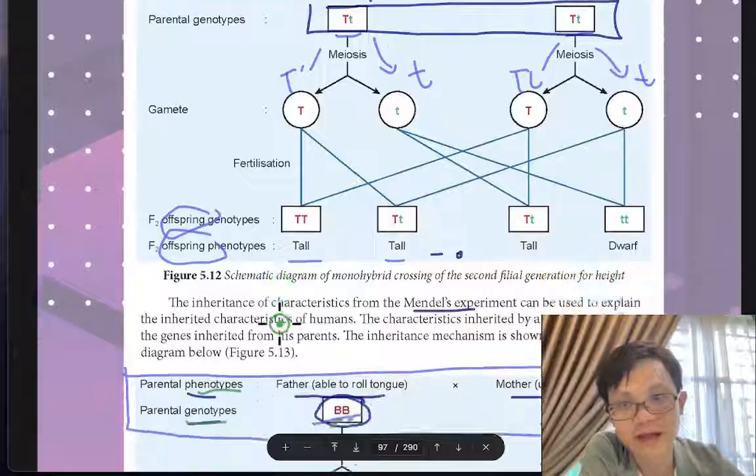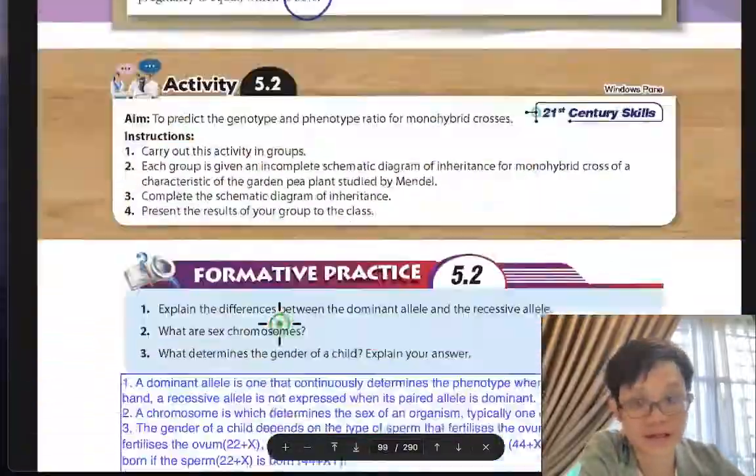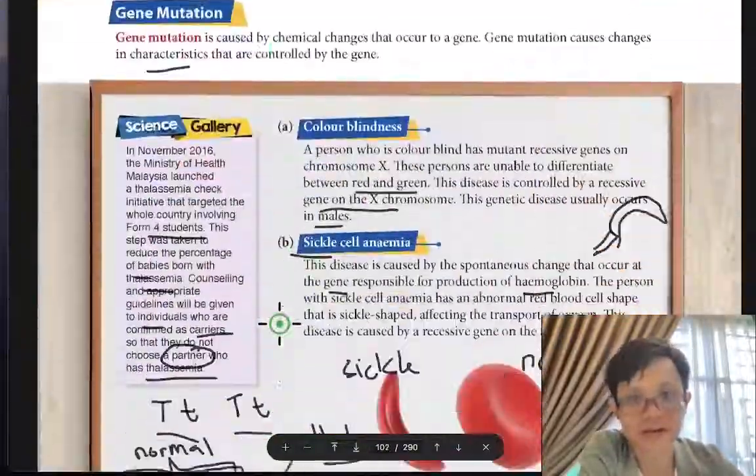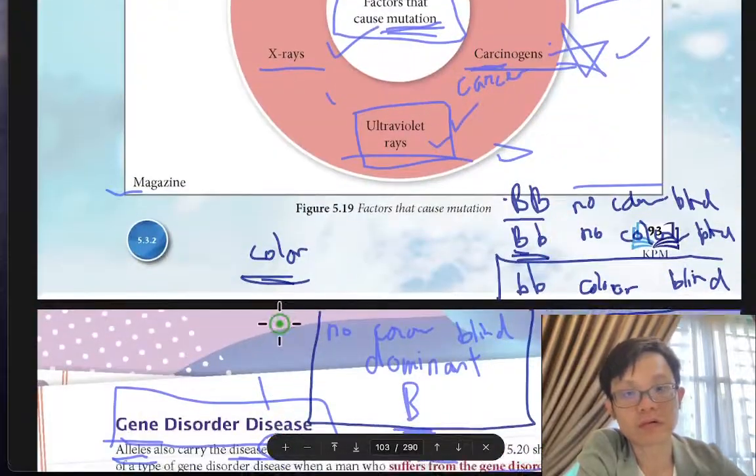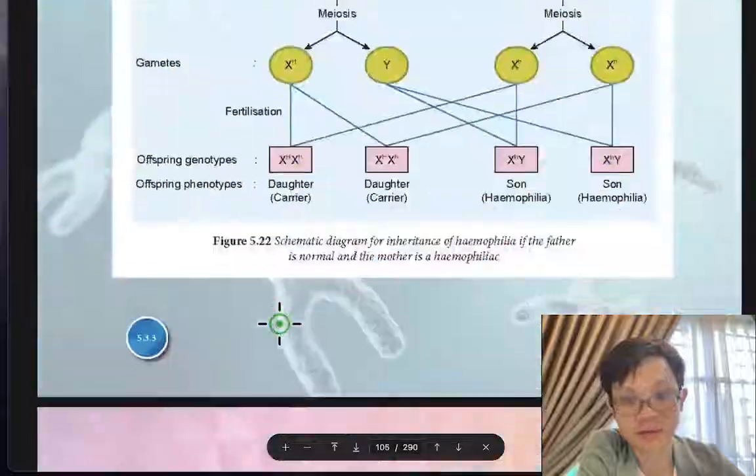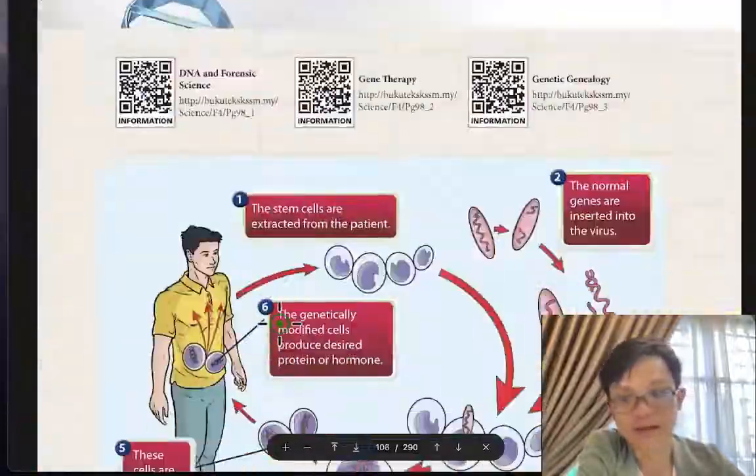But we are not going to do that because previously we already did mitosis and meiosis.